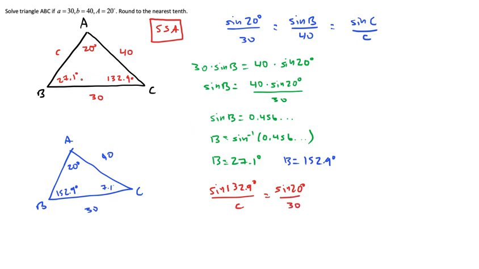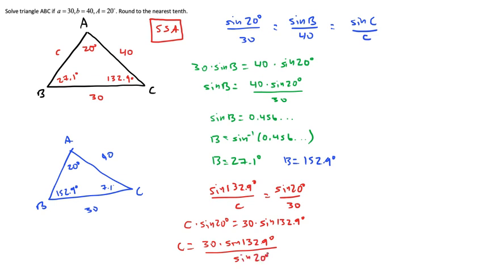Of course, we could have used B, the sine of 27.1 over 40, but I already have this information, so we'll just use this. So C times the sine of 20 is equal to 30 times the sine of 132.9. So C is going to equal 30 times the sine of 132.9 divided by the sine of 20 degrees.